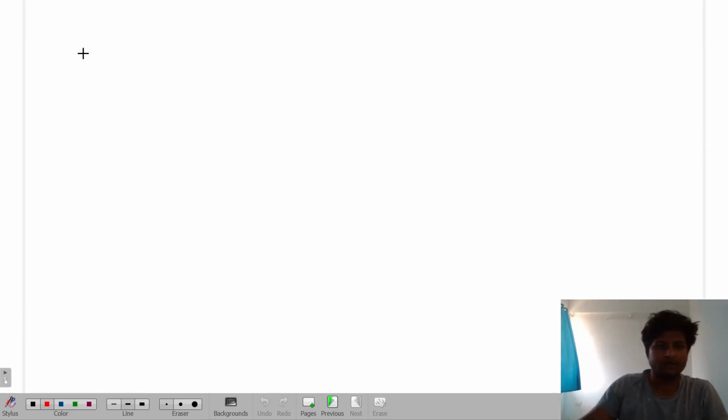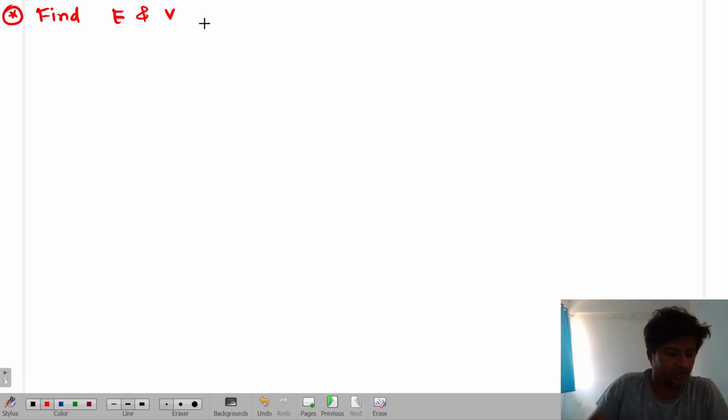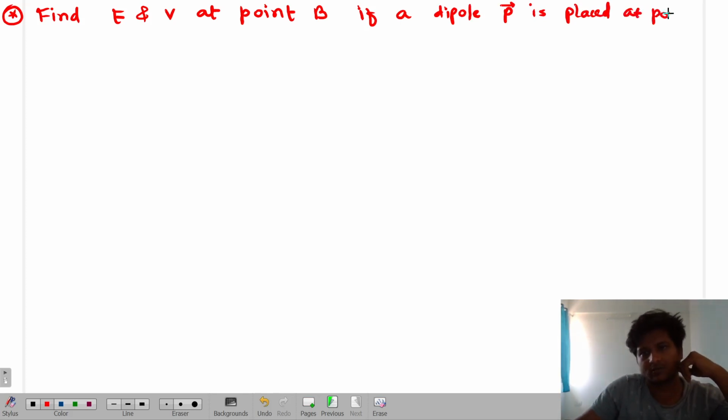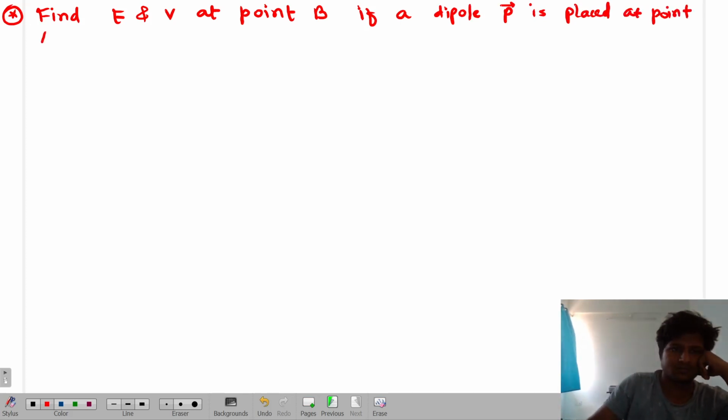Write one question. It says find E and V at point B if a dipole P vector is placed at point A. And P vector is given.